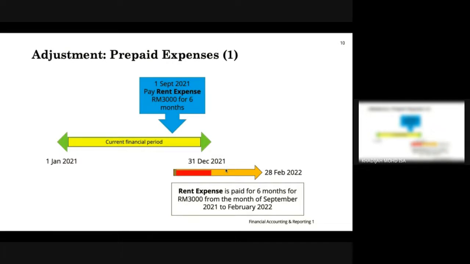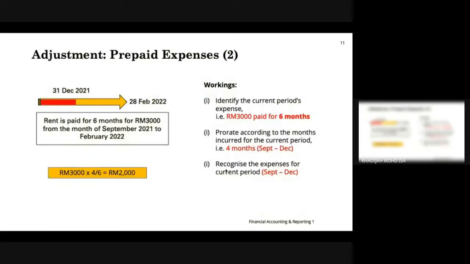How are you going to do the adjustment? From that 3,000, you know 4 months is for 2021, 2 months is for 2022. So identify the current period expense. Prorate according to the months incurred for the current period, which is the 4 months.